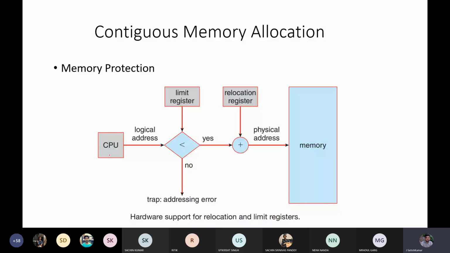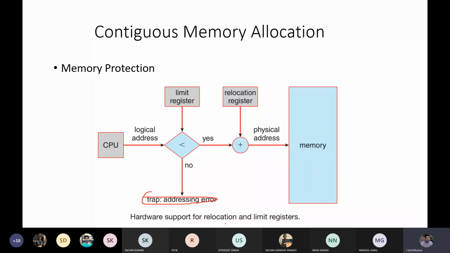This is what we studied again: the limit register is there, and the CPU generates the logical address. If it is less than the limit, then the relocation register is added to give the physical address in memory. If the logical address is not less than the limit register, then there should be an error. It should generate the error.